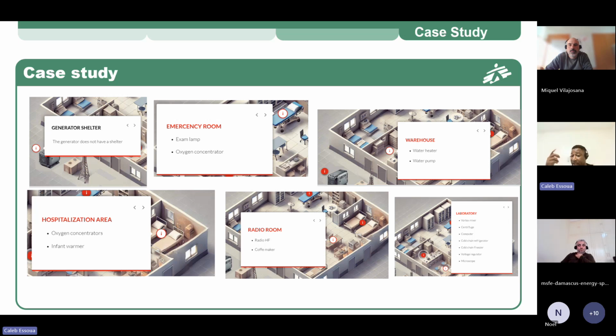Is it an emergency project? Is it a regular project? All these things you have to take into account.